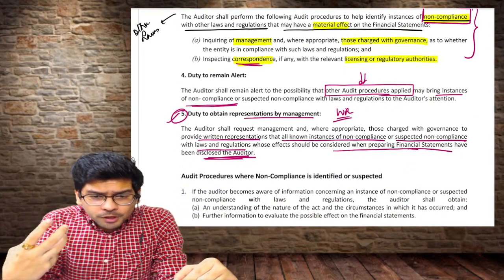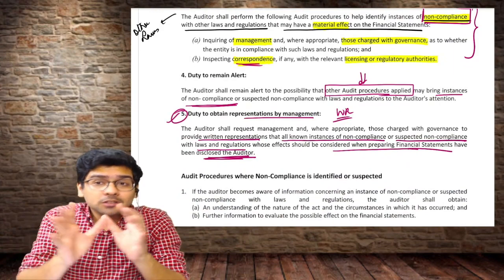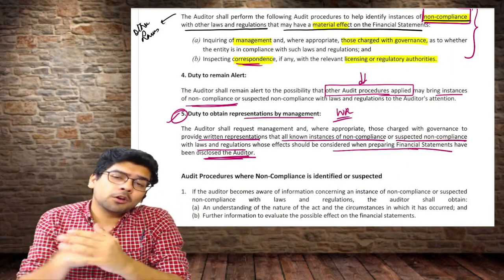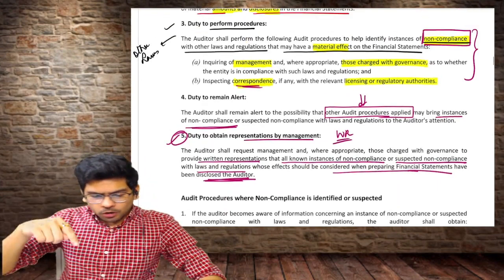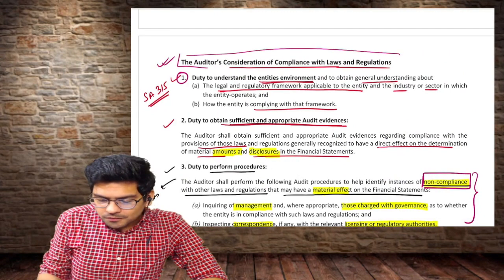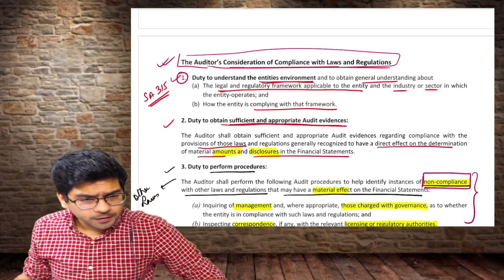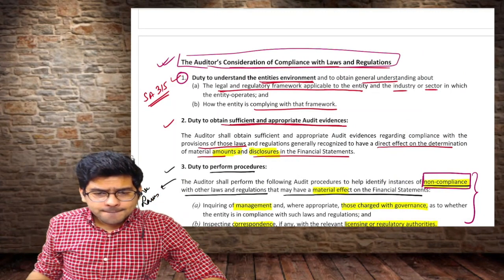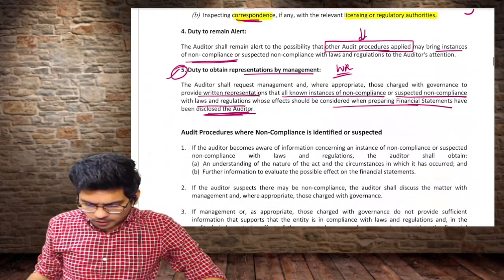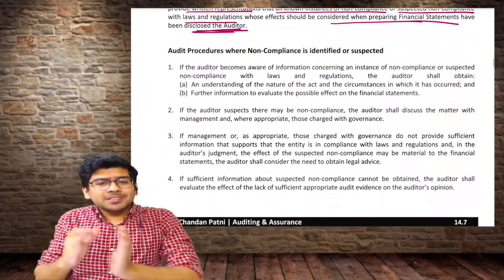He needs to be cautious when doing other audit procedures, because other audit procedures might uncover certain instances of non-compliance. Are you all clear with this part? This might be a question which is generally asked in the exam. All right, is it clear to everyone? Yes? All right.